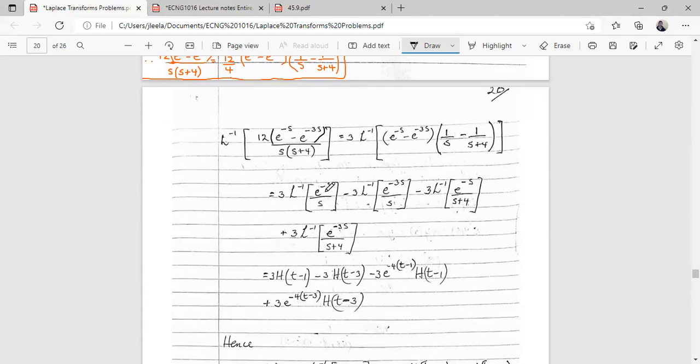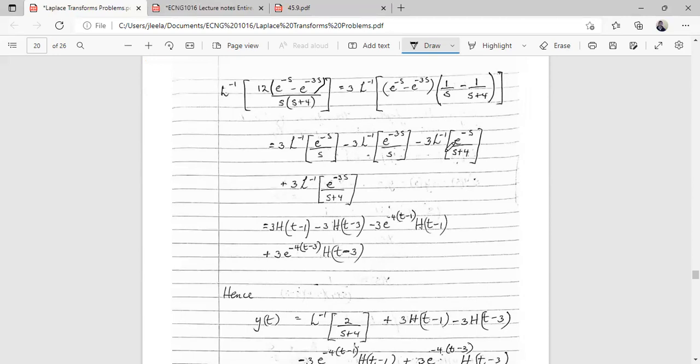So I'll get 3 times e to the minus s over s, minus 3 times the Laplace inverse of e to the minus 3s over s, and then I'll get minus 3 times the Laplace inverse of e to the minus s over s plus 4, and finally, when I multiply the last two terms here, minus by a minus is plus, so I'll get 3 times the Laplace inverse of e to the minus 3s over s plus 4.